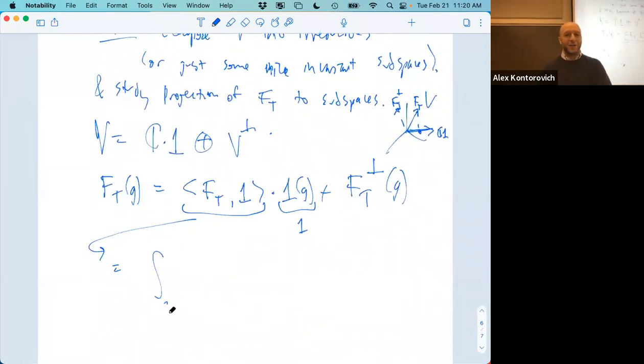So it's an integral over G mod gamma of f of t of G times the constant function 1 bar, with the Haar measure d mu of G. And maybe we want to normalize this to be a probability measure. So instead of this pi over 3 factor, we'll just normalize by dividing by the volume. Now the Haar measure is a probability measure.